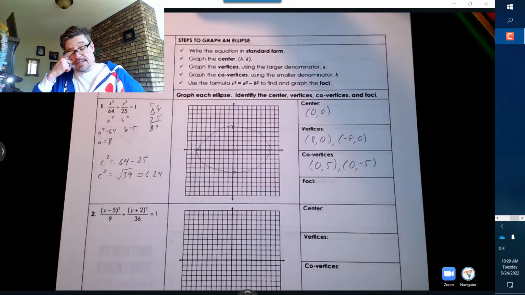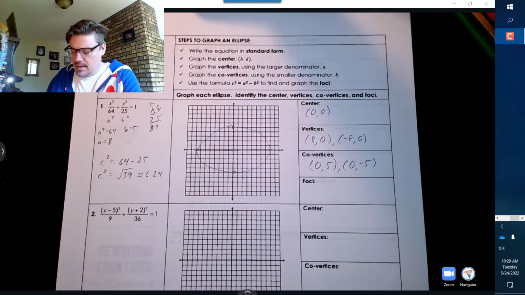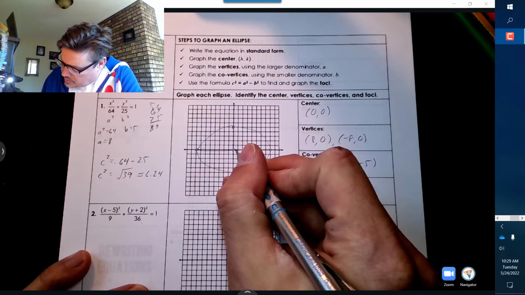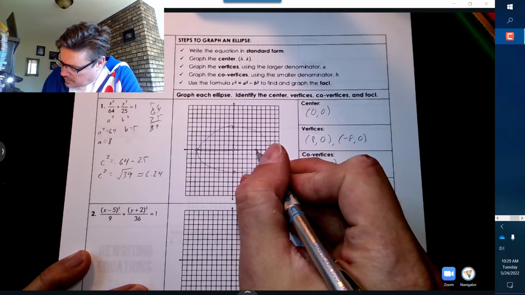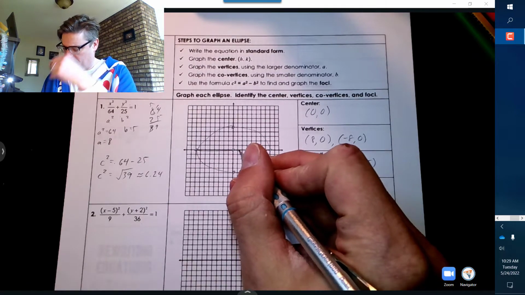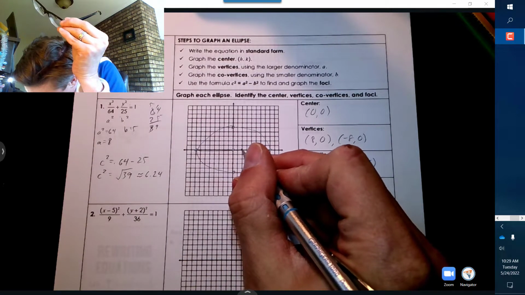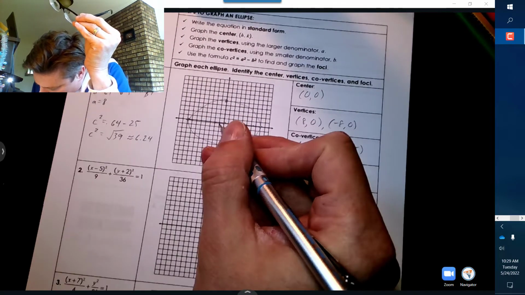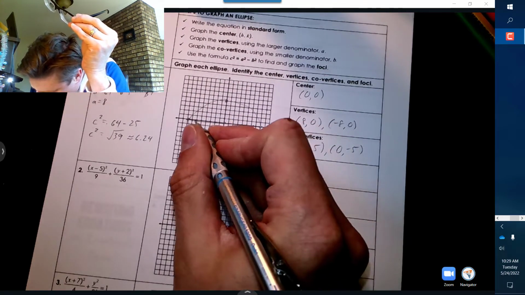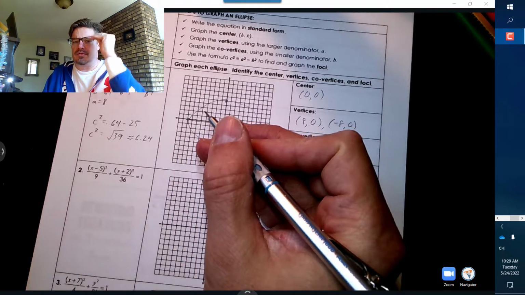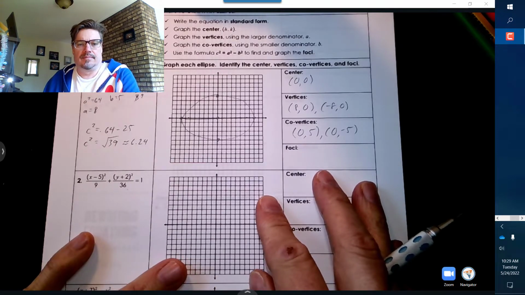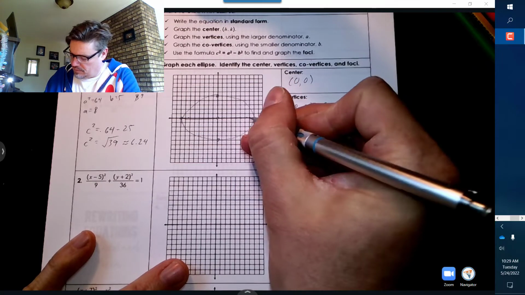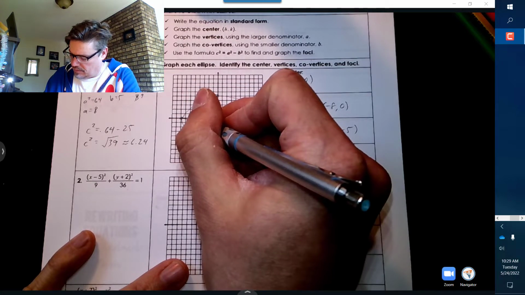Okay, now what this means is from the center, we're going to go 6.24. I can't hardly see. 1, 2, 3, 4, 5, 6 and a quarter, and then 6 and a quarter over here. So those right there, that is the foci. This part right here and this part right here.